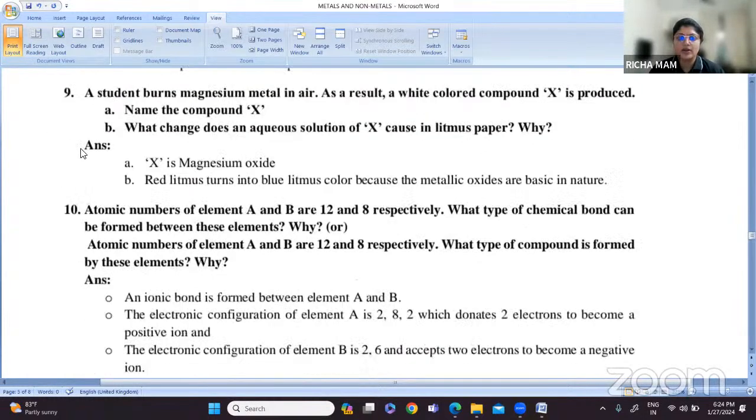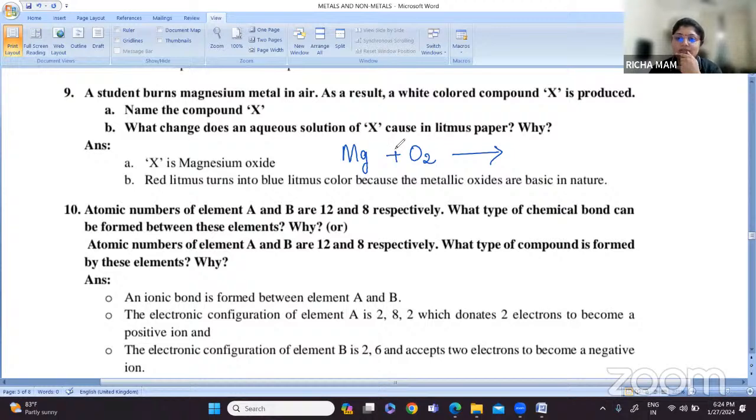Very important. Next one. A student burns magnesium metal in air. The student takes a magnesium wire and keeps it in air, and a white colored compound X is produced. In air, oxygen is present, right?